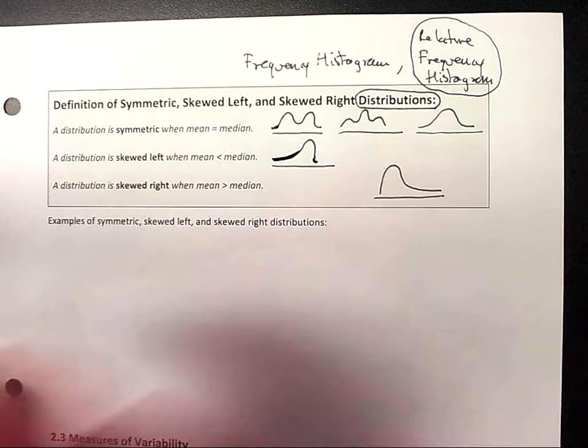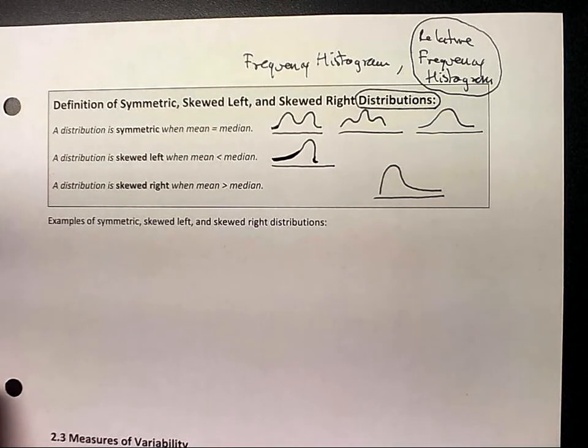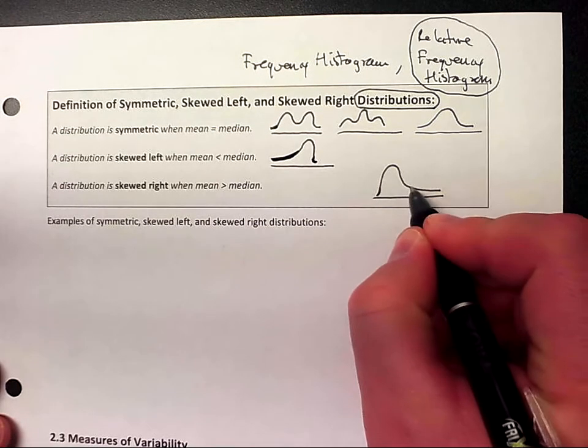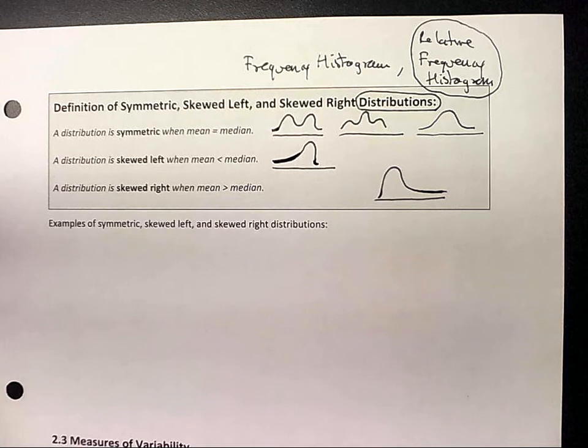And same thing over here. This right-hand side is also known as the tail of the distribution. The ends of the distribution are simply known as the tails of the distribution. Is everybody good with that? So same thing over here. We have this tail of the distribution here, and also this is also the tail of the distribution.